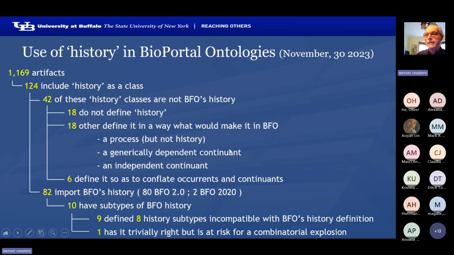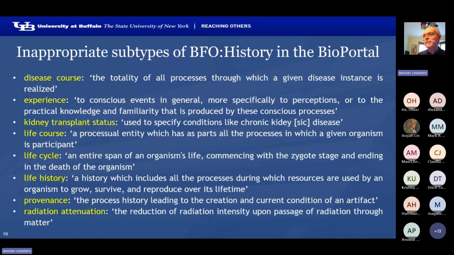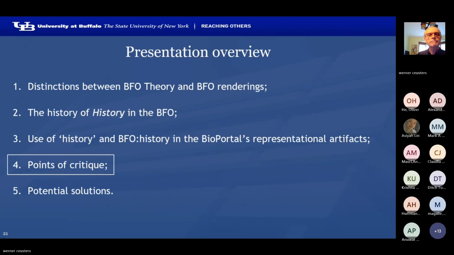Of those 10 that defined subtypes, 9 did it in a way that is not compatible with the definition of the BFO. So here you have the list. It is not too difficult for each one of them to find one argument for why it is not compatible with the definition of history. I'm not going to go into the details here. You can find the answers in the paper.